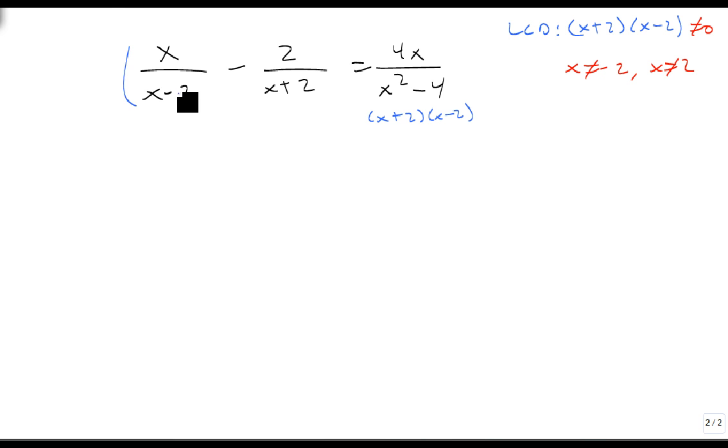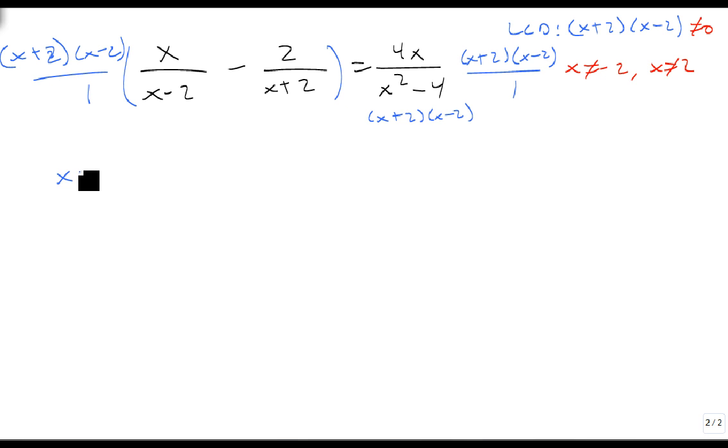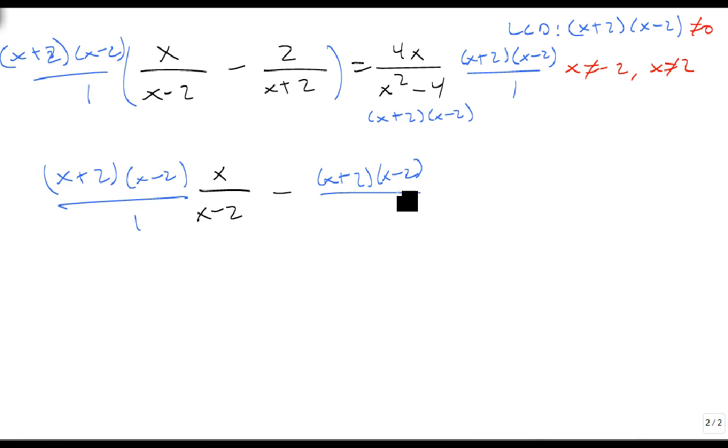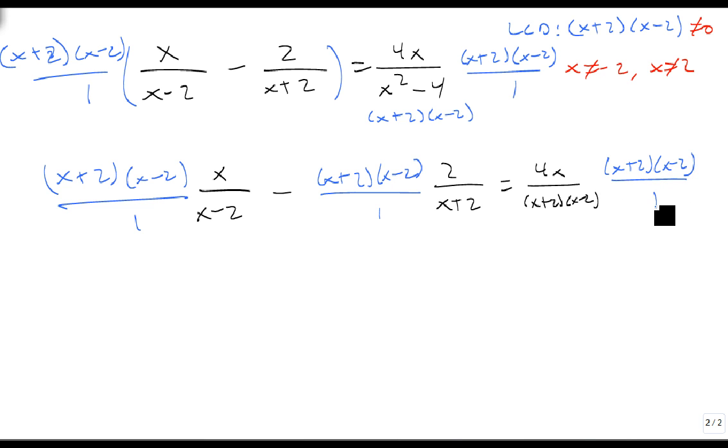Well, let's multiply everything by x plus 2, x minus 2 over 1. So x over x minus 2 times x plus 2, x minus 2 over 1, minus 2 over x plus 2 times x plus 2, x minus 2 over 1, equals 4x over x plus 2, x minus 2 times x plus 2, x minus 2 over 1.